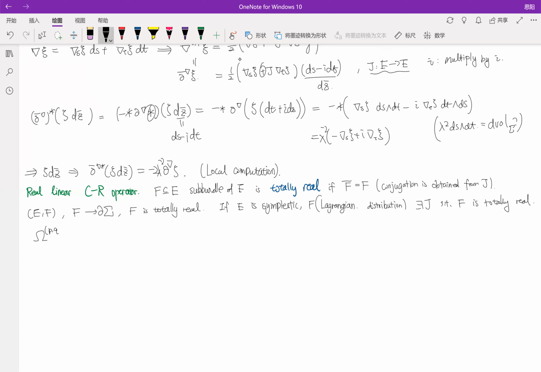restricted space of sections of differential forms.